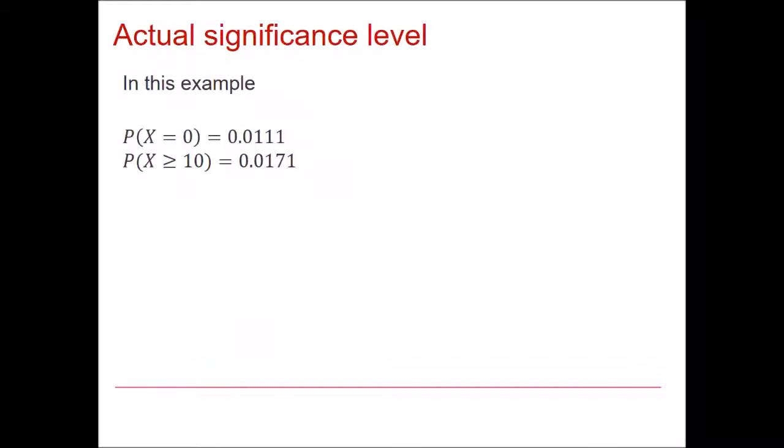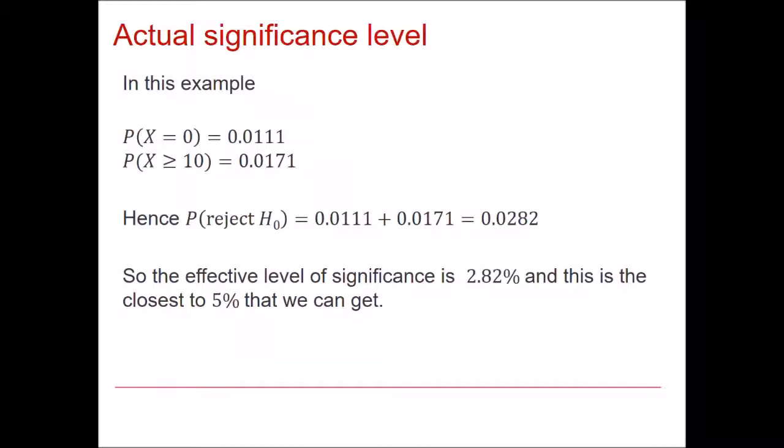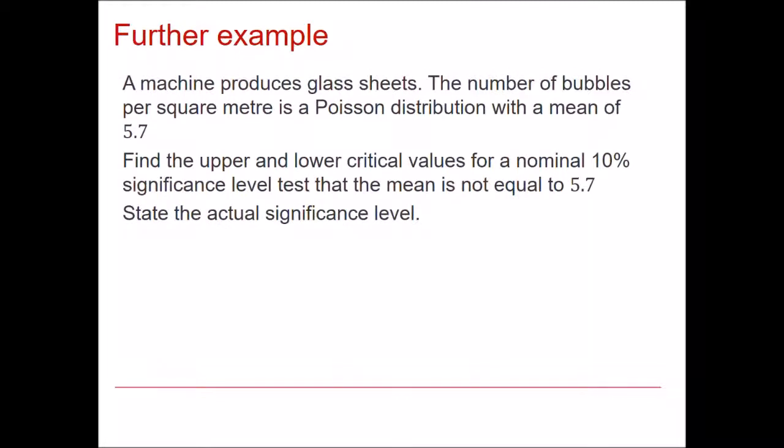What we need to do is add together the probability of ending up in either of those two critical regions. So we simply add those two numbers together and get the value 0.0282, and that is the effective level of significance for the test. It is important to note that we're not allowed to allocate the 5% unevenly to each tail. It must be less than or equal to 2.5% at each side of the distribution.